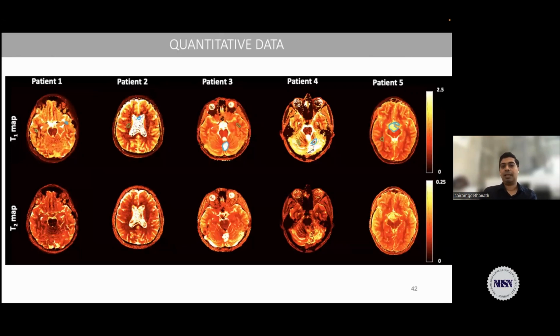If I take a couple of steps back, the idea was to help avoid the use of anesthesia in these pediatric tumor patients, so that with this one scan, we would be able to get both T1, T2 maps and T2 and T1 FLAIR in contrast.